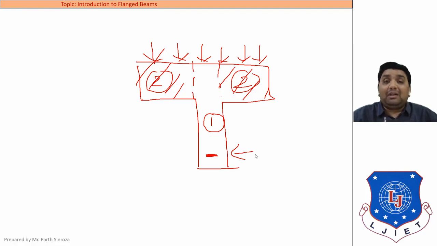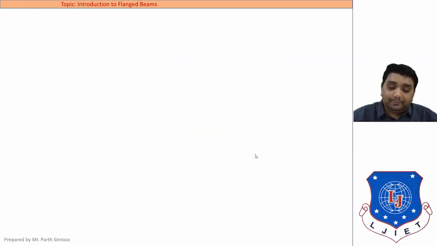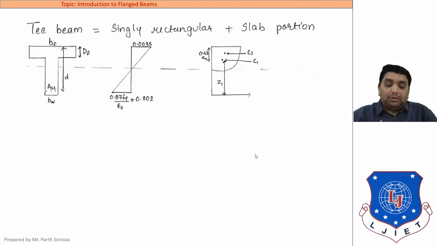And this figure will be very helpful in solving the stress strain diagram. We have seen a singly reinforced beam, a doubly reinforced beam, and now the T-beam. The chapter starts with a diagram, that is our stress strain diagram. So now we will be looking at the stress strain diagram for a T-beam.